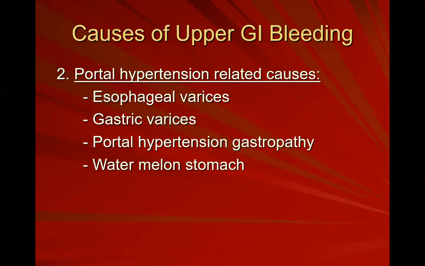The second most common is bleeding due to portal hypertension. The portal hypertension is not causing the bleeding directly; it's the complications of portal hypertension, as we will see later. As you know, guys, there is collateral circulation running between the systemic circulation and the portal system.